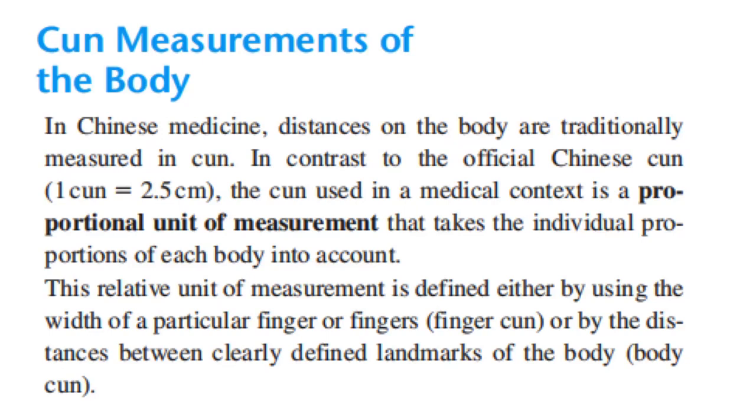This relative unit of measurement is defined either by using the width of a particular finger or fingers, which is the finger tune, or by the distances between clearly defined landmarks of the body, or the body tune.